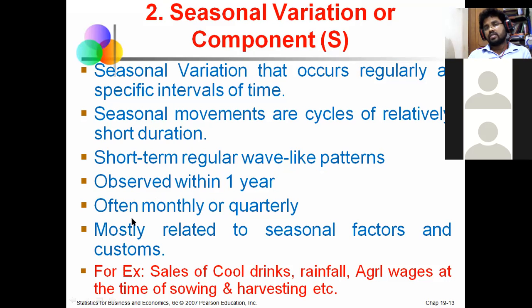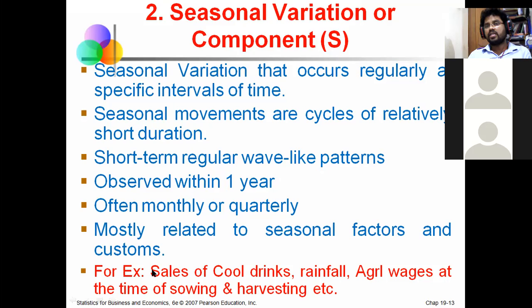The next point is that they often occur monthly and quarterly. Most seasonal variations occur monthly and quarterly, and are mostly related to seasonal factors and customs. Why can seasonal variations occur? Mostly due to seasonal factors and customs.